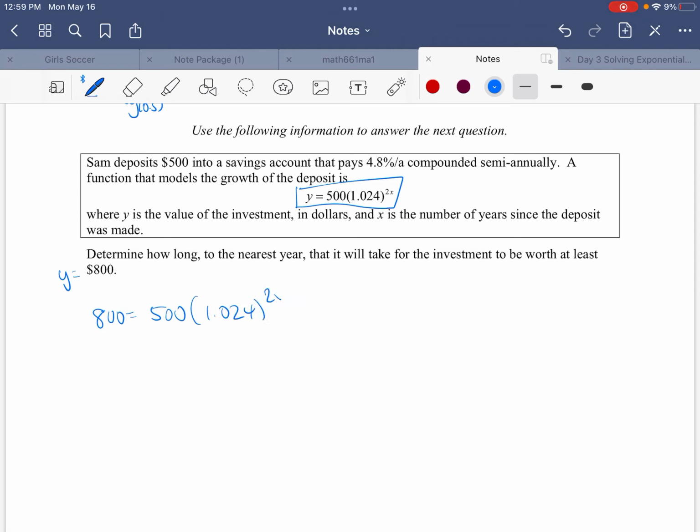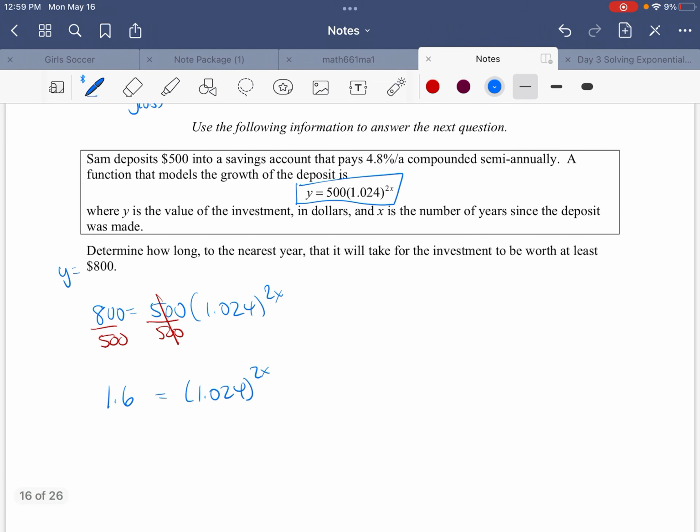1.024 to the 2x. So clean it up a little bit. Divide by 500. 800 over 500 actually simplifies to 1.6. And we get this. Changing it to logarithmic form, we're going to get 2x is equal to log base 1.024 of 1.6.